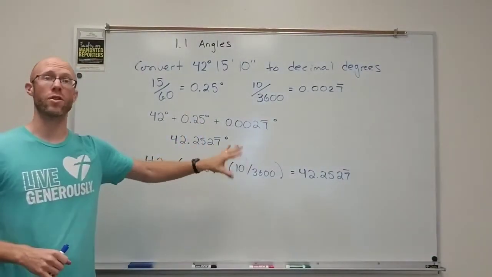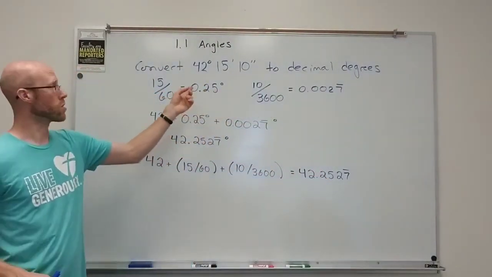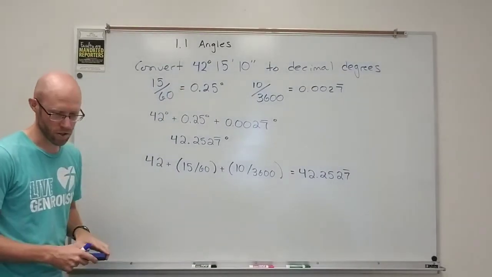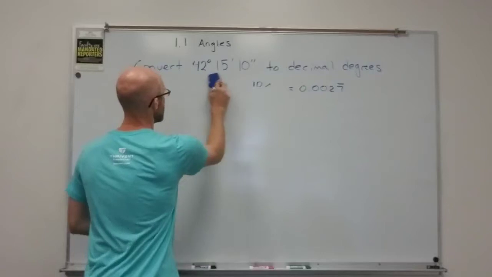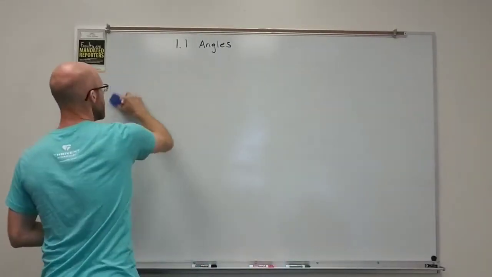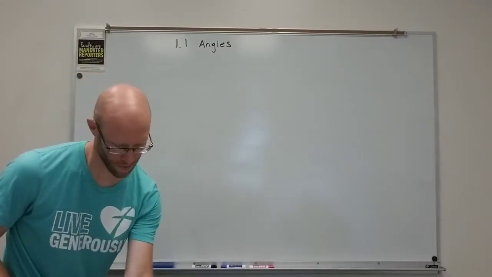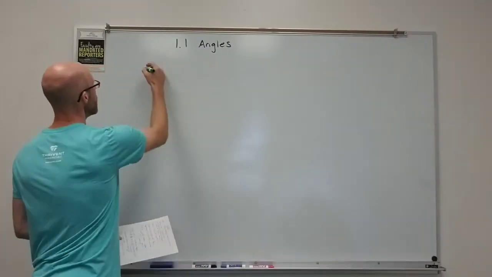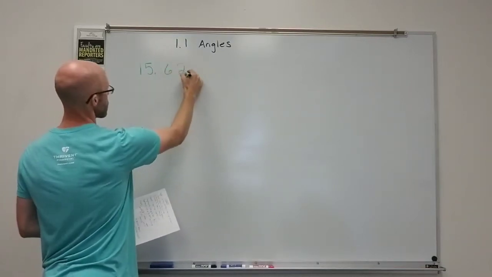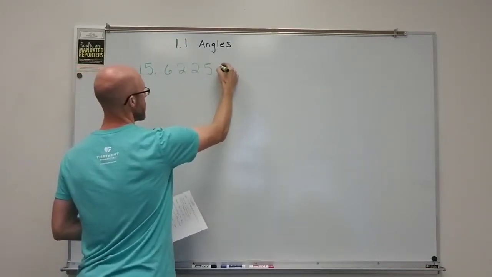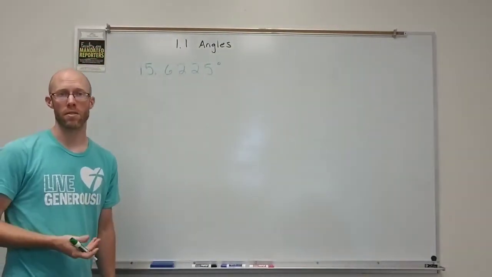Now we can also convert the other way, starting with the decimal and converting to the degree minute seconds. Okay, so let's take a quick example of that. Let's look at 15.6225 degrees, and we're going to convert that to degree minute seconds.